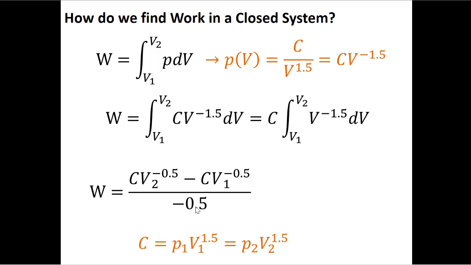Now, I've left this C just as a constant, but I remember that this constant is equal to P1 V1 to the power of 1.5, but it's also equal to P2 V2 to the power of 1.5.